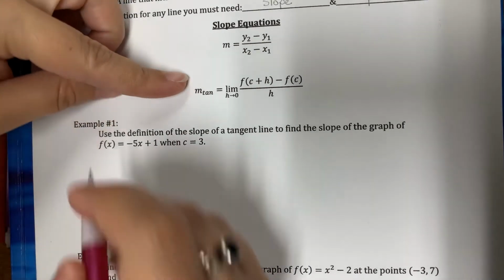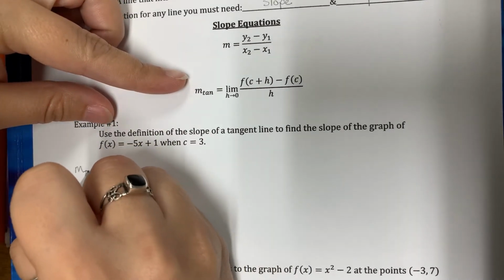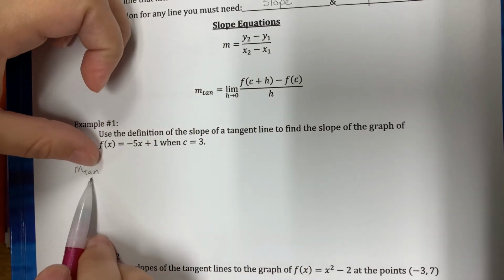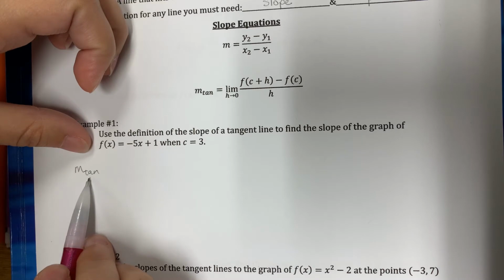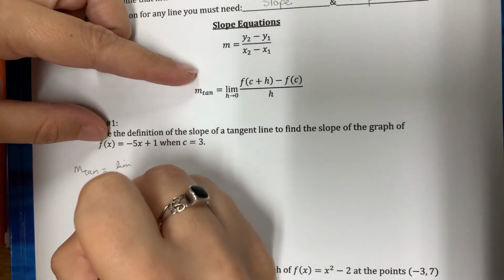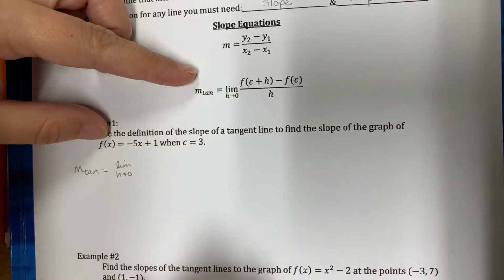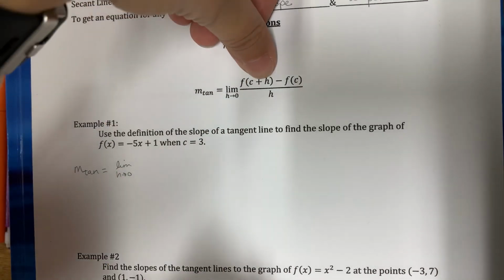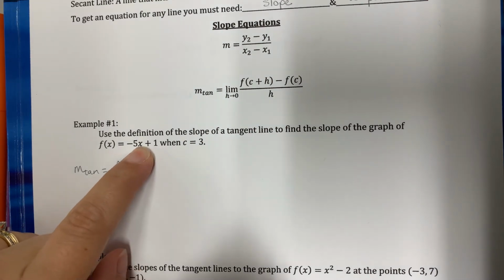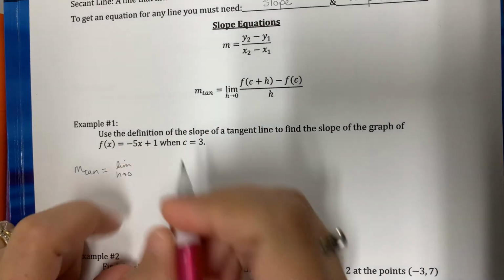To use this definition, this terminology right here is the slope of the tangent line. So m tan equals the limit as h approaches 0 of the function at c plus h. So instead of putting x here in the function, I'm going to put c plus h.